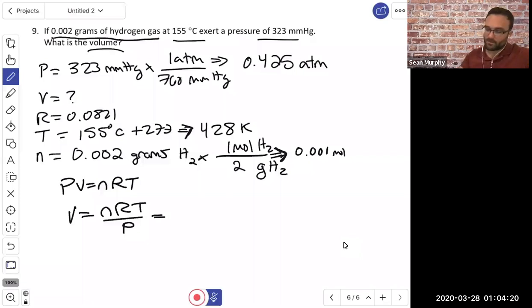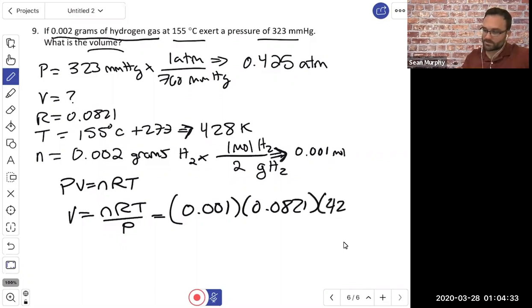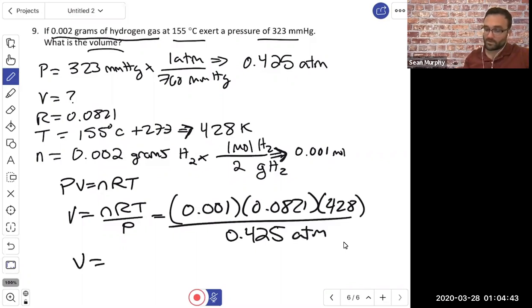So the number of moles is 0.001. The gas constant is 0.0821. Temperature is 428. Pressure is 0.425. And then remember, volume is going to be in liters.